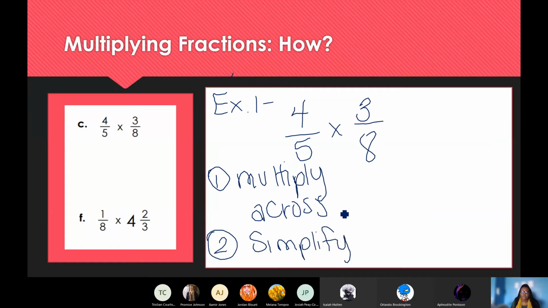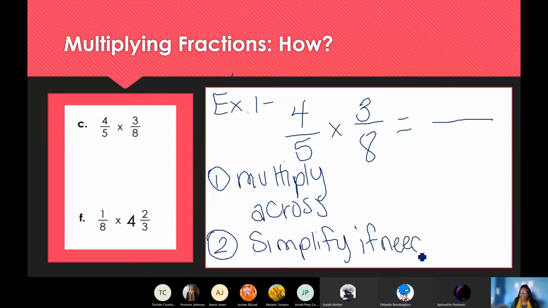Okay? So when we multiply directly across, I'm going to multiply my numerators and then I'm going to multiply my denominators. Someone turn on their mic and let us know, what is 4 times 3? 12. Very good.